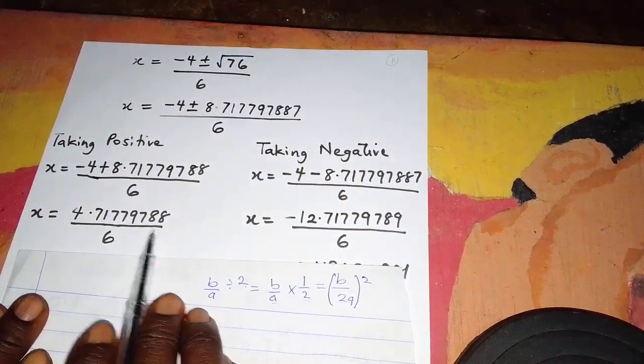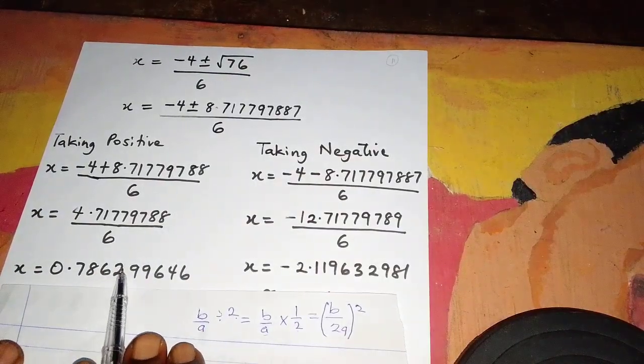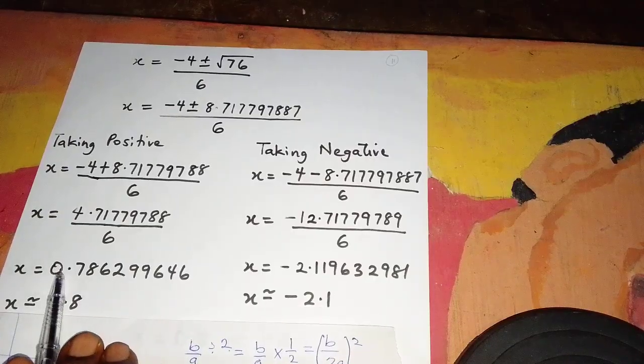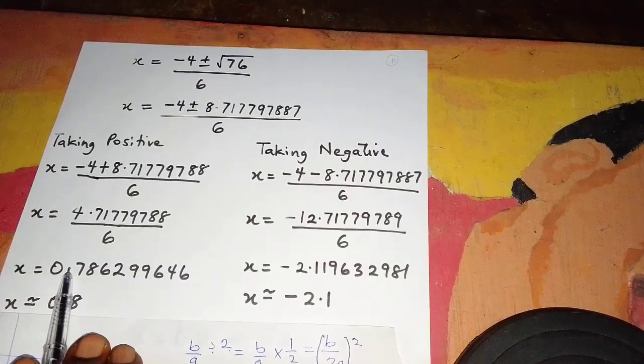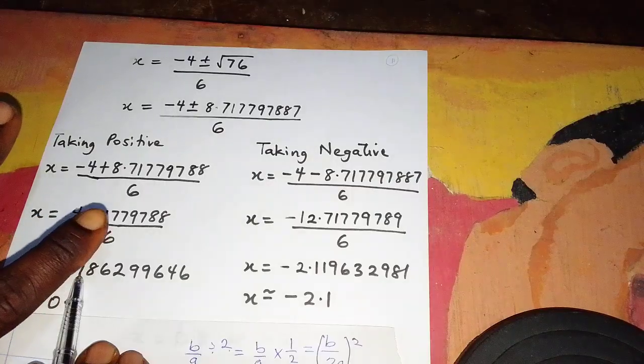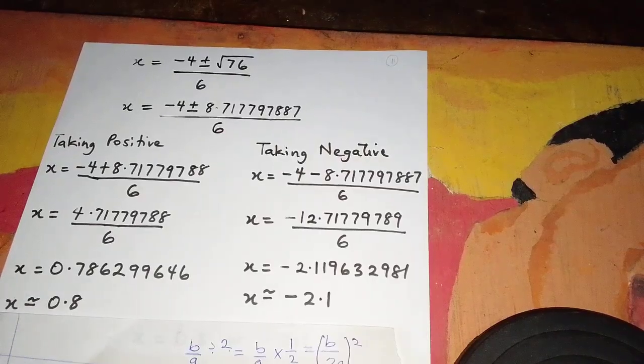Then divided by 6. When you divide this by 6, you get 0.786299646. To one decimal place, after the decimal point, you count 1. After that 7, it's 8. It's more than 5. Add 1 to 7 to make it 0.8.